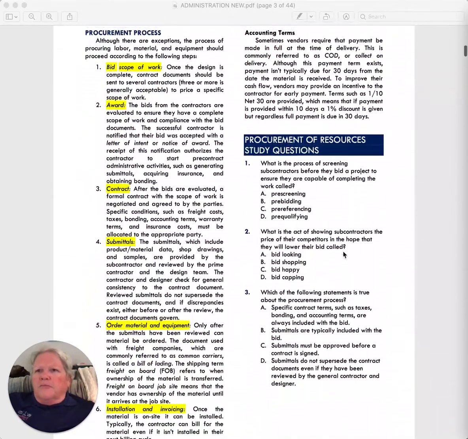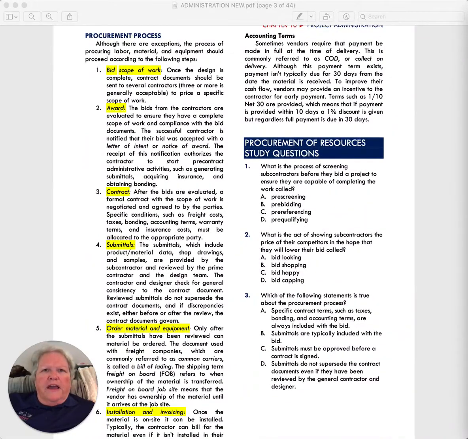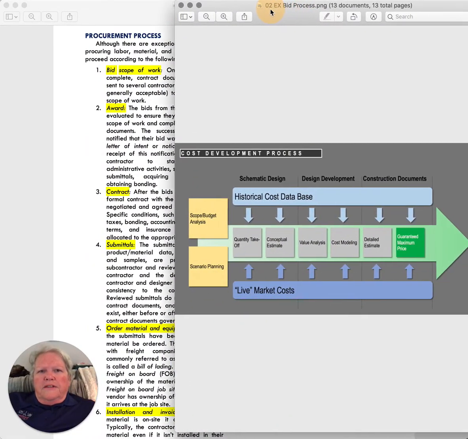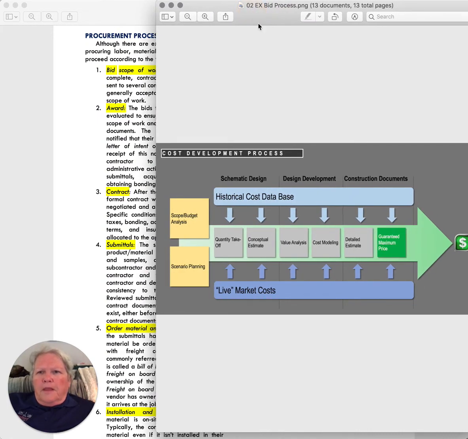Now, we're going to talk about the procurement process, and for that I want to bring in this particular diagram. This is an example of the cost development process. And in this, you can see where we talk about applying a historical database at the different levels of design, plus doing a quantity takeoff, doing a conceptual estimate, value analysis, cost modeling, and then a detailed estimate.